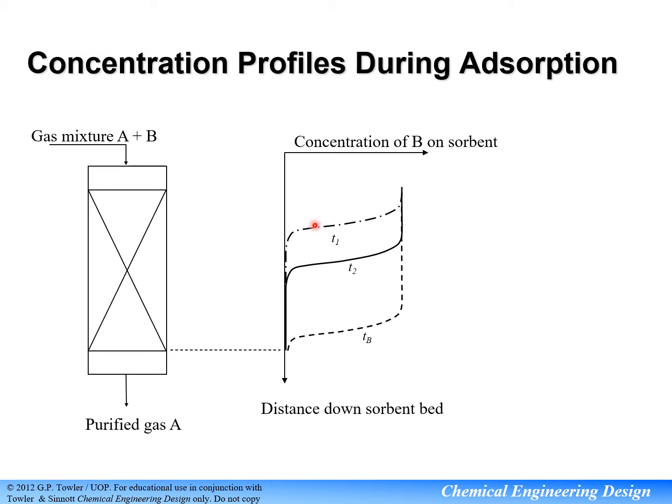For example, the bed length here increases until this point. This is 0, let's say, and this is 1. At first it starts at a higher concentration, and it decreases along the bed length.